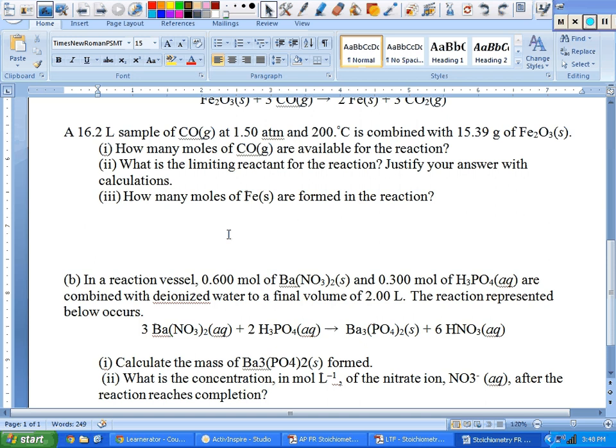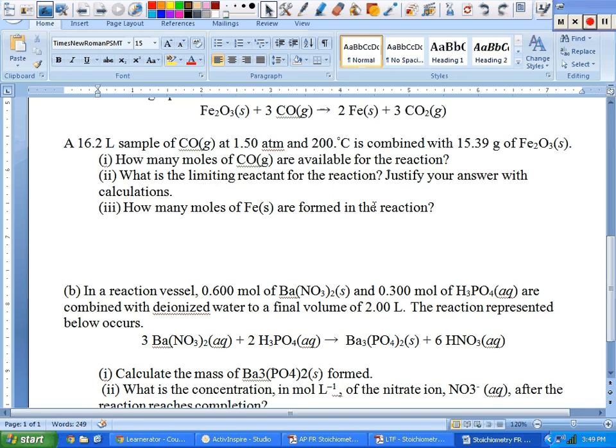Now, here's the question. How many moles of Fe are formed in the reaction? So now what we're trying to do is go from some data about the reactants, and they're asking a specific question about the products. Which one do I pick? The limiting reactant. Fantastic.